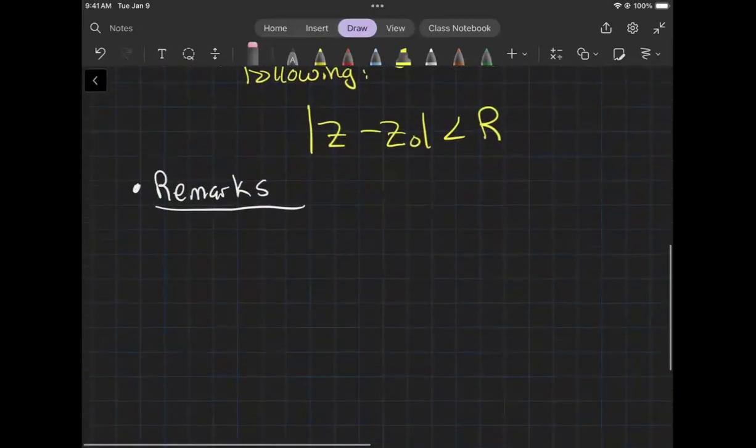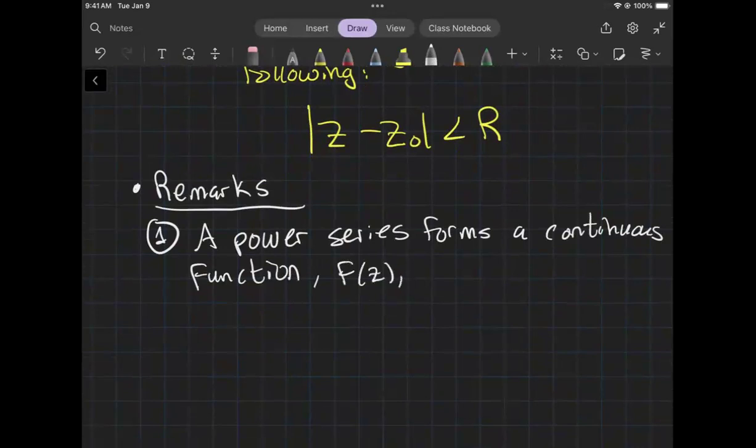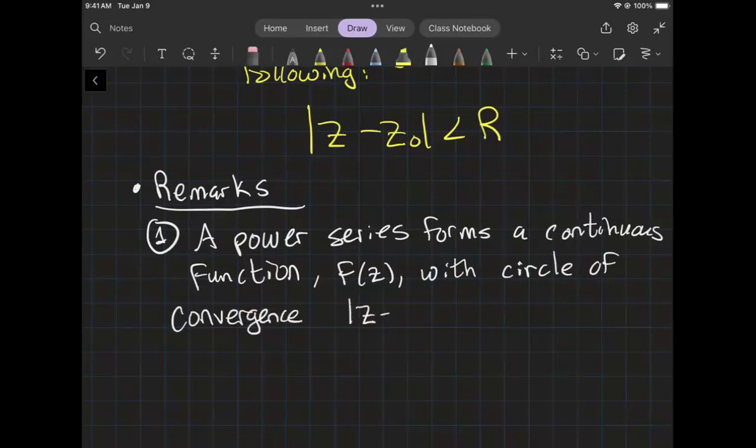First, a power series forms a continuous function, which we'll call f of z, with circle of convergence z minus z naught less than r.